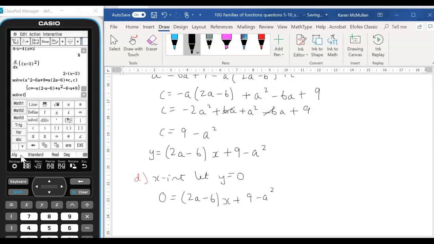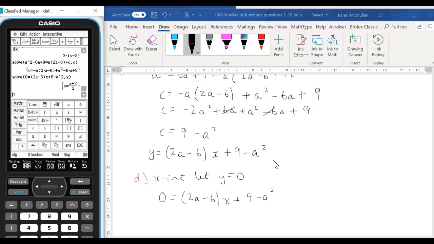All right, 0 equals (2a minus 6) times x plus 9 minus a squared, and we want to solve for x.